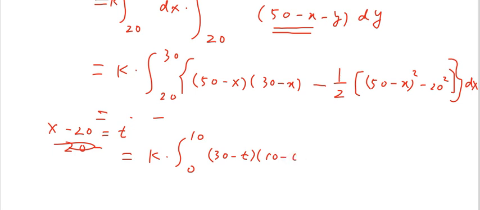We can add minus half 50 minus x, 30 minus t. There's 20 square, we cannot change this to 0, right? So dx becomes dt.